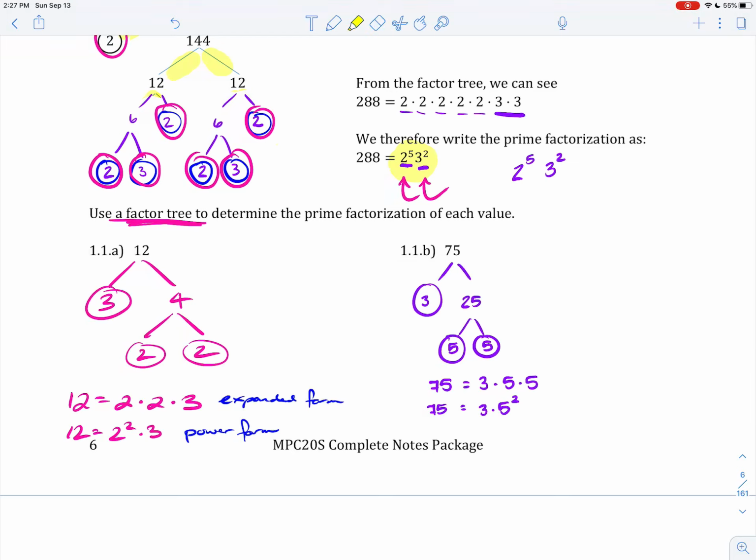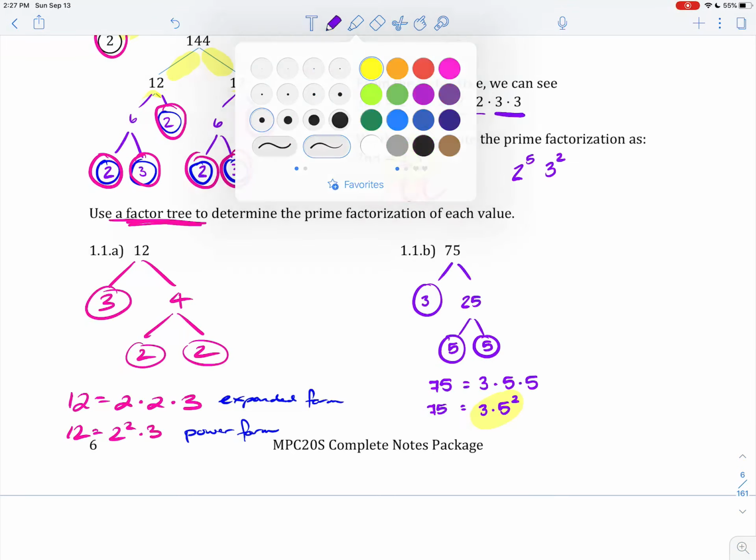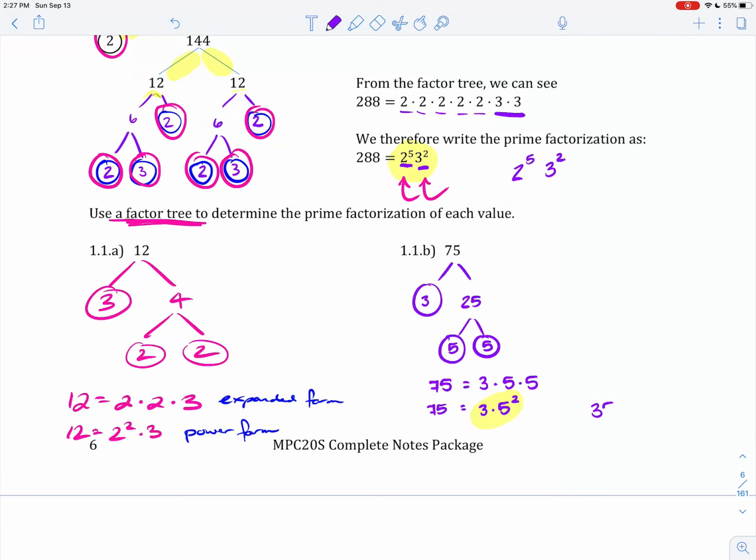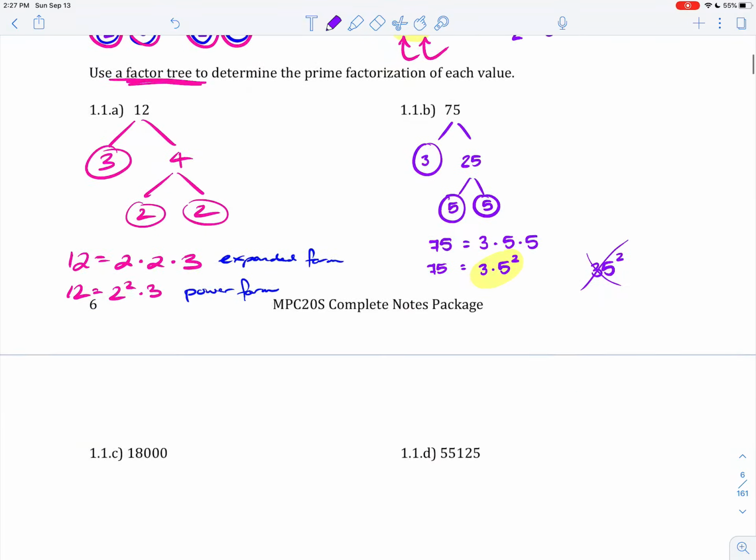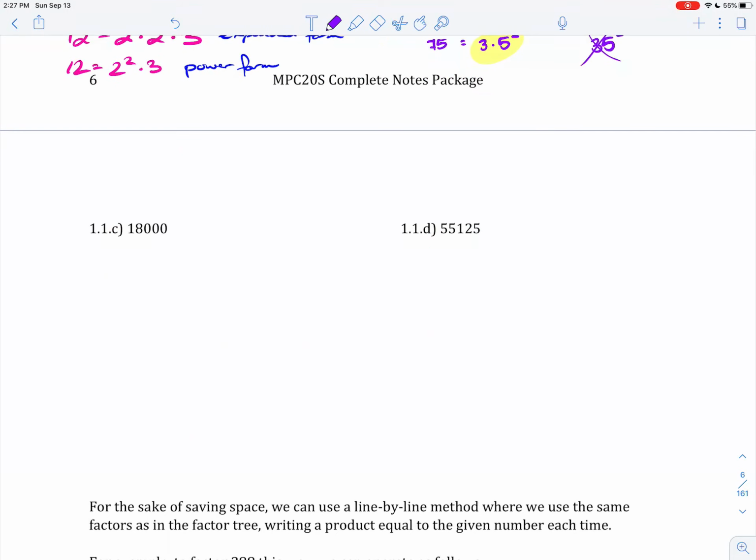Whereas down here in this example we just did, if we didn't have that multiplication sign, it would look like 35 squared. And that's not the same thing. So please make sure that if there's no exponent, because we know there's an exponent of 1, but if we're not writing 1 down, then we're making sure to have a clear multiplication sign in between those two values. Cool? Sounds cool to me. All right, take it away.